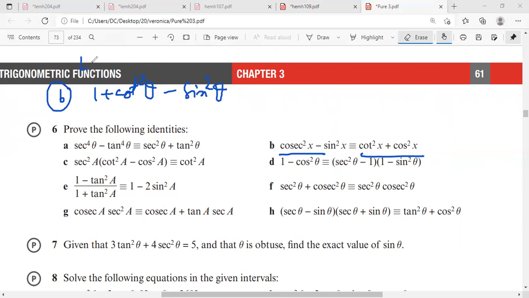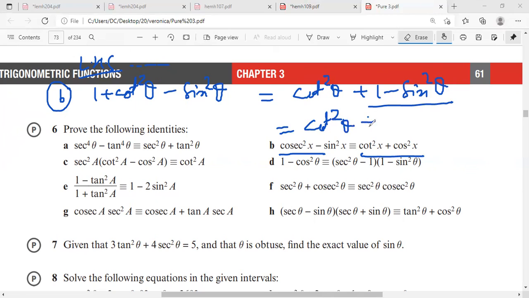I started with the LHS. You can write the LHS, write the term here, cosec square theta minus sin square theta, then write this. Let me write cot square theta first and plus 1 minus sin square theta. And look, this term 1 minus sin square theta is same as cos square theta. So that means cot square theta plus cos square theta.